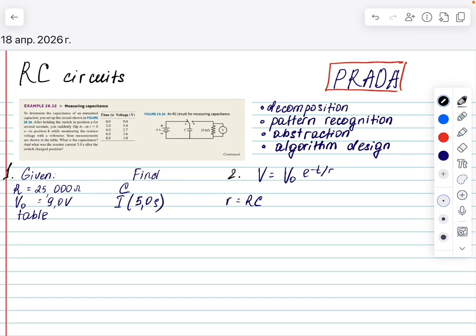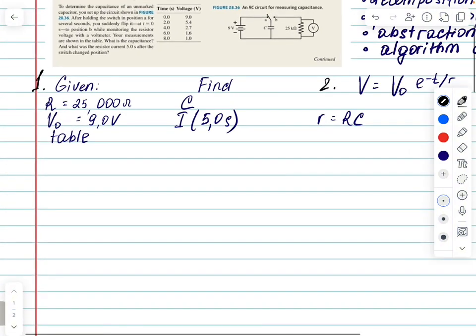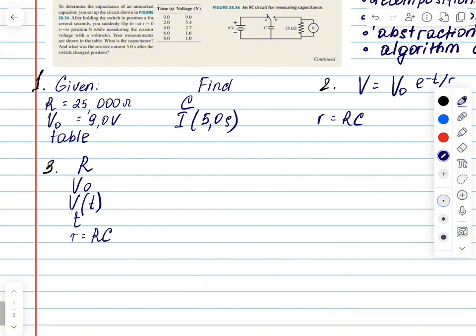So I already know the general behavior: the voltage, charge and the current all decay exponentially with time. Next, I use abstraction and I remove details that are not necessary for solving the problem, and let me write some important ones: resistance, the voltage, and this one.